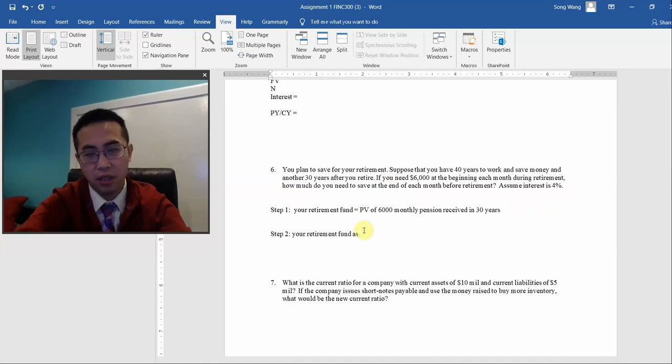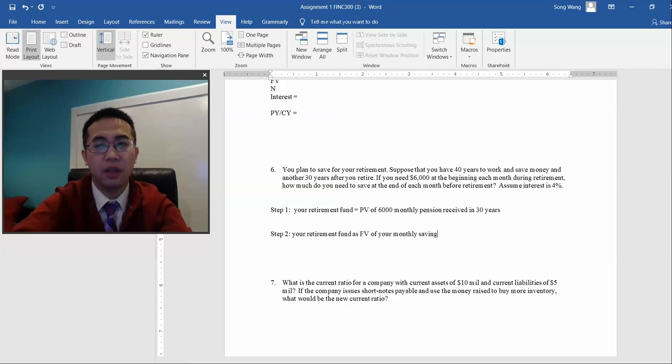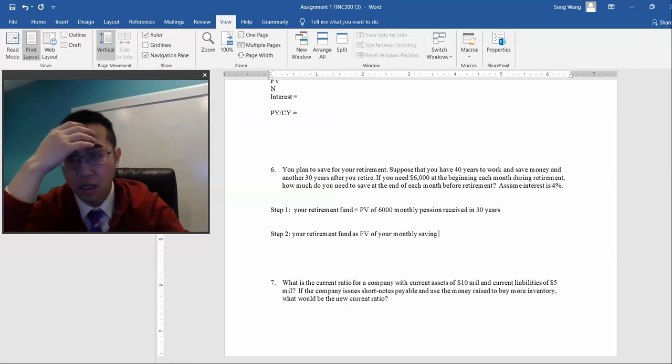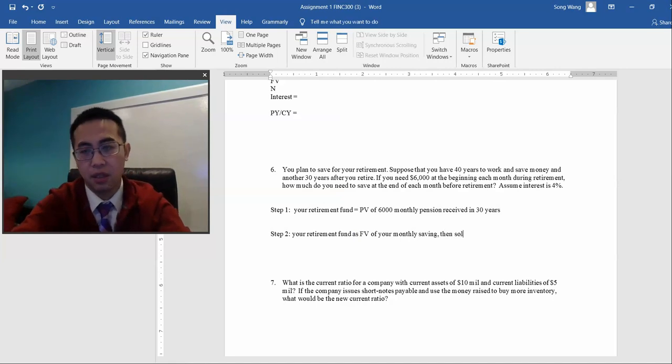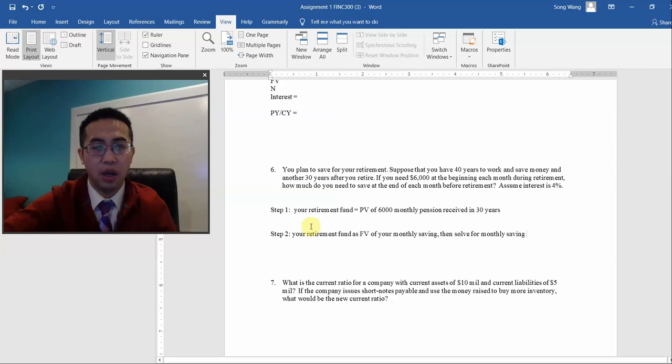Use it as the future value of your monthly saving, and then you solve for monthly saving. Your monthly saving is a payment stream that goes to your retirement fund, which you're gonna use to live during retirement. And again, the interest rate is 4%.